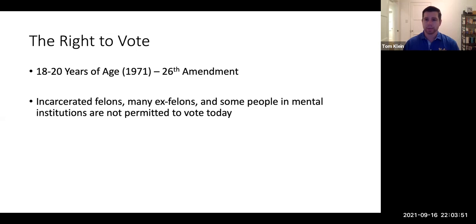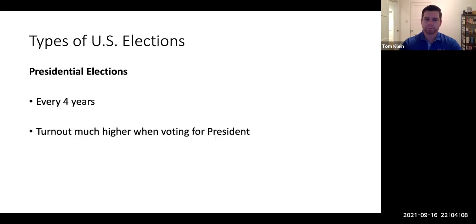So Congress and the states realized that wasn't right, and they passed the 26th Amendment. And as I said, those who can't vote today are often incarcerated felons and ex-felons, and those on holds in mental institutions often cannot vote as well.